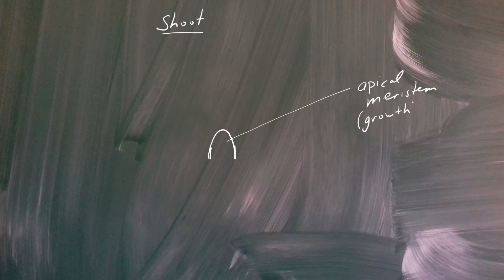So what we have here is the following. You have over here the place where the stem grows, and this is the apical meristem. So you've got a lot of mitosis going on, cell divisions going on, okay? And that's the region of growth. So growth happens here.